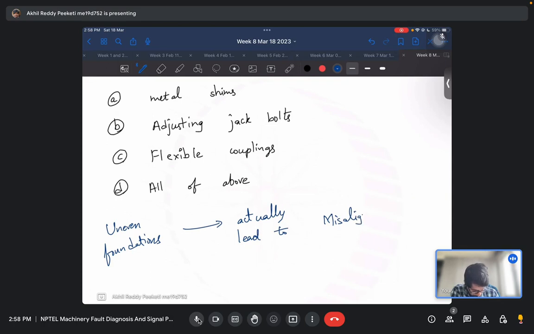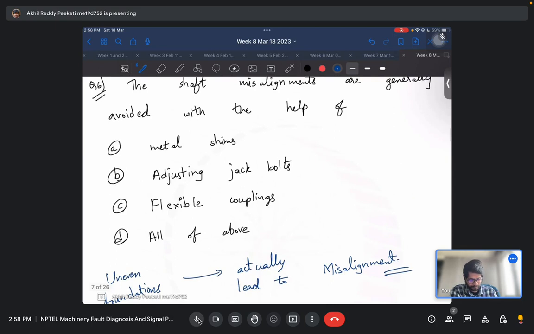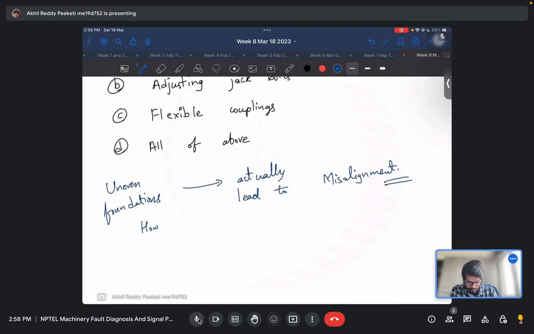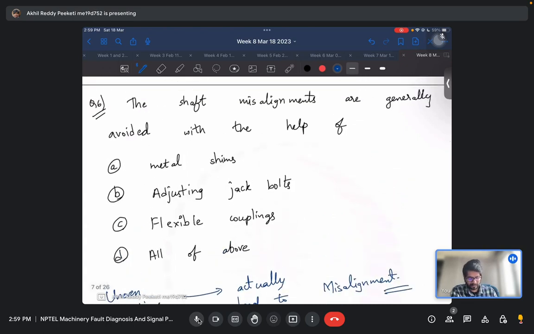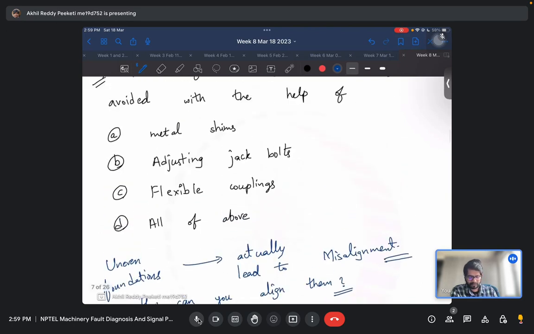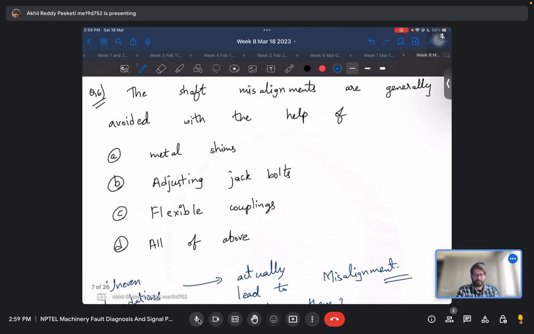Now, how can you solve this issue? What are the general options? Metal shims, adjusting jack bolts, or flexible couplings, or all of the above. What do you think should be used to avoid shaft misalignment?